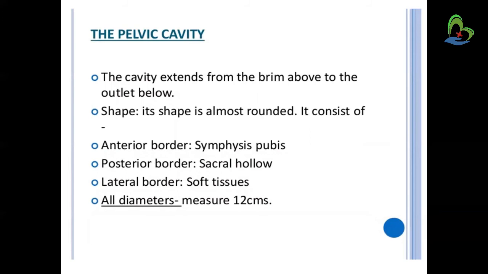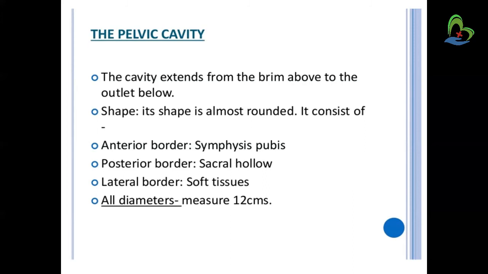Now the pelvic cavity. So this was the pelvic plane. The cavity extends from the brim above to the outlet below. The shape of the pelvic cavity is almost round, and it has the following borders.